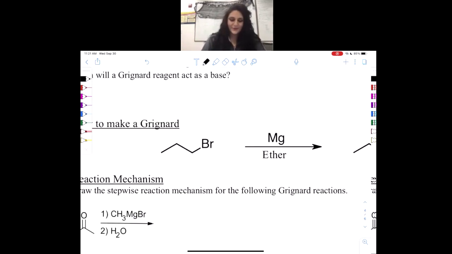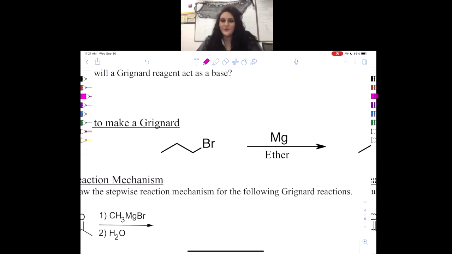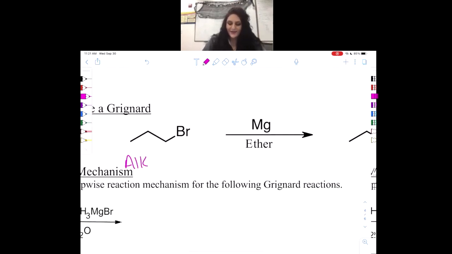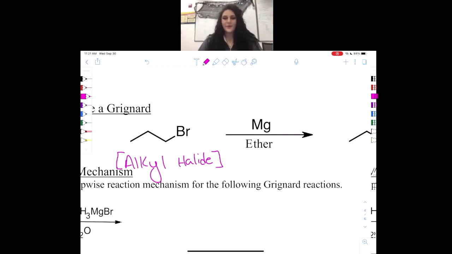I think it popped back up, so I'm going to try drawing it, and you guys let me know if it works. As we see here, we have an alkyl halide. And it's chilling, all happy. The carbon and the bromine are attached to one another. They have a nice bond. But then this magnesium comes in and it gets right in here and it breaks them up.